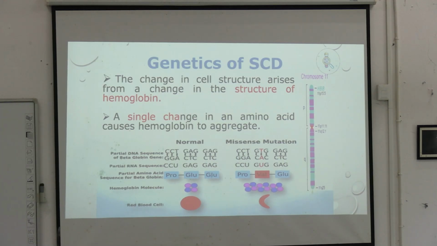Now what happens in case of sickle cell? In chromosome number 11, in the beta globin chain, glutamic acid will change into valine amino acid. So this is the defect which we get in sickle cell anemia. These patients will develop sickle cell disease.